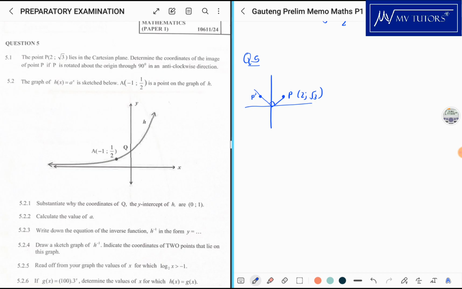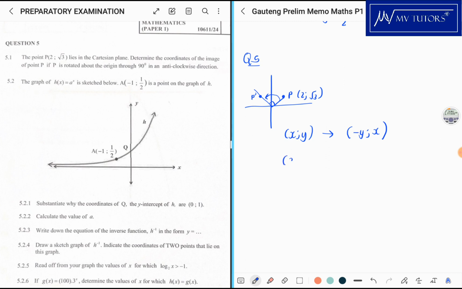Now what is the coordinate? If we have a rotation about the origin of 90 degrees in an anti-clockwise direction, so if this is your coordinate, first of all the x and the y swap, and the y gets a negative.